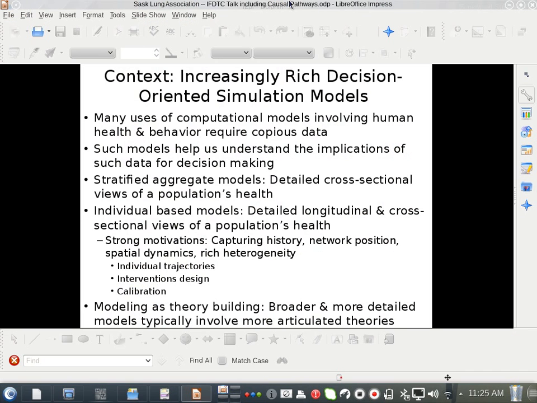And the challenge here is that when we're building these increasingly rich and fine-grained simulation models, to really tie them down in a way that will give quantitative trade-offs and insight between different types of interventions, often we need fairly detailed information on, for example, individual trajectories and aspects of individual behavior over time.